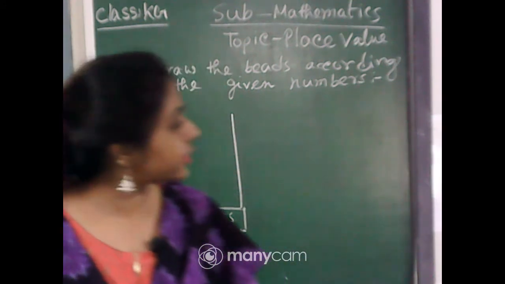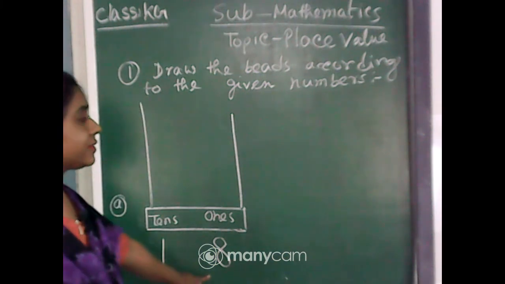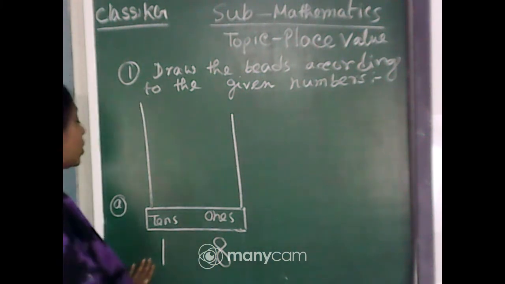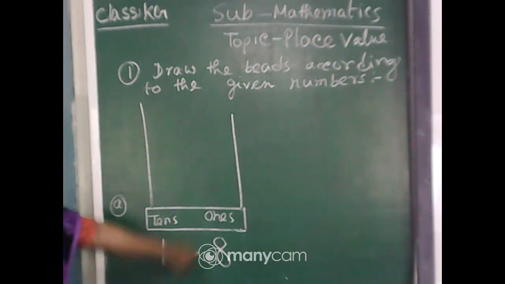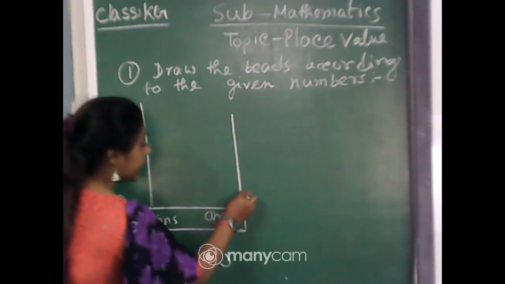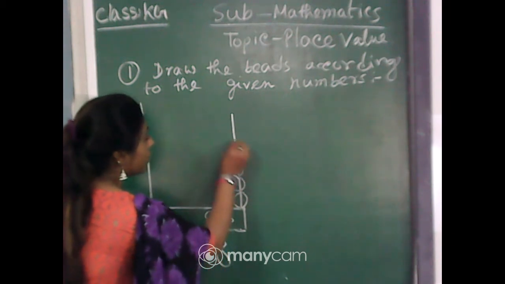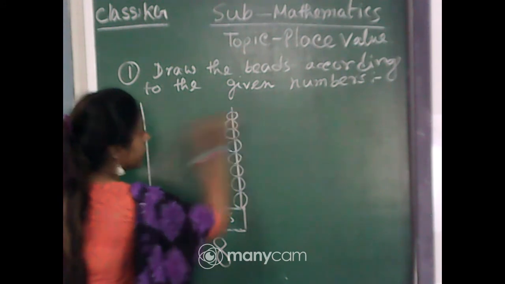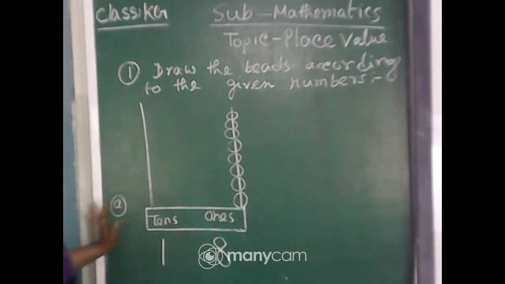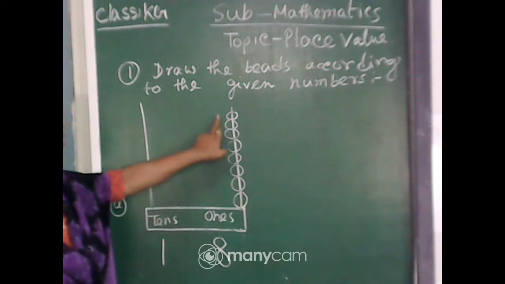Now you have written 1 ten, 8 ones. Now I will draw the beads. First 8 ones, that means in the ones column I have to draw 8 beads: 1, 2, 3, 4, 5, 6, 7, 8.